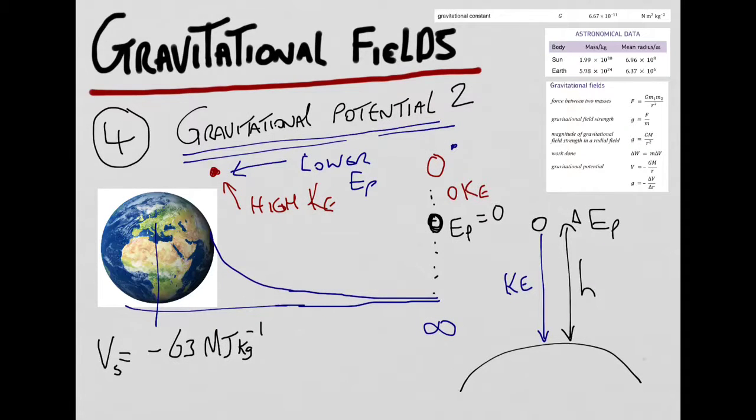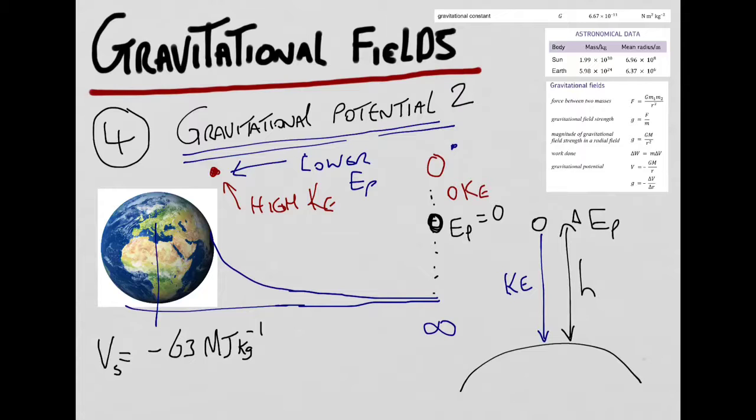So we've got a situation where we've got a change in gravitational potential energy. Now, as we said at the end of the last video, working in gravitational potential energy might work when we're considering simple ideas we know from GCSE and taking it into a new situation, but for making calculations it's not the best, because it relies on knowing the value of the mass that you're moving around the Earth, the test mass.